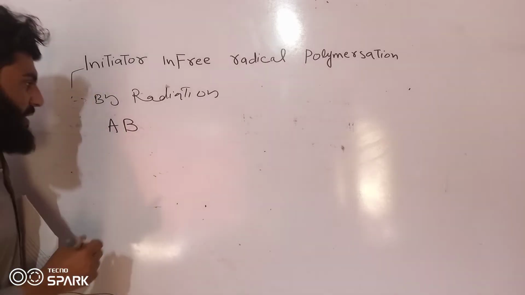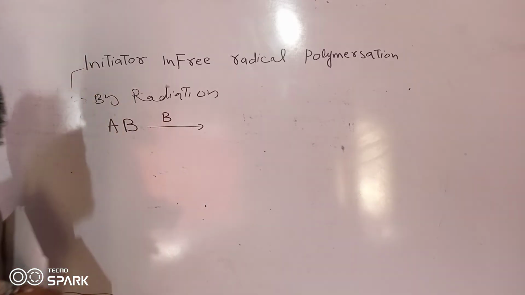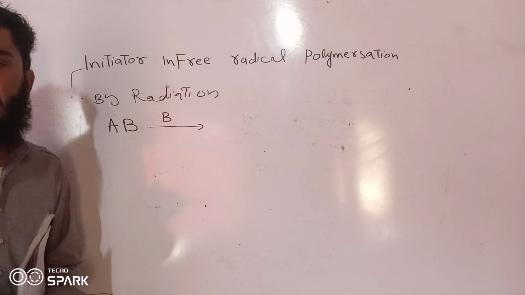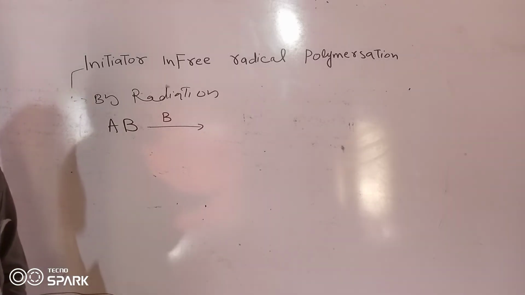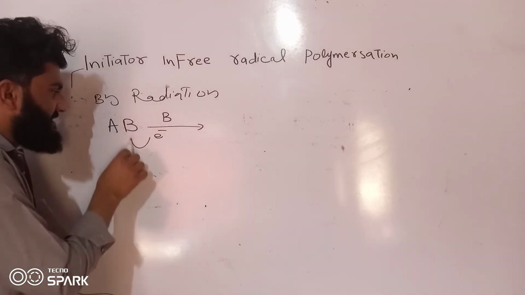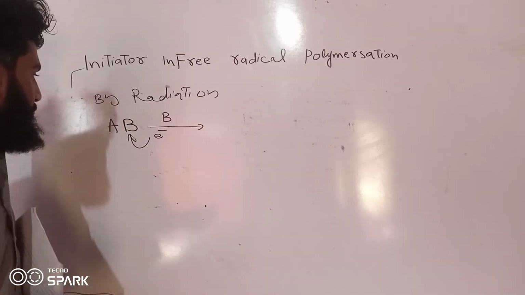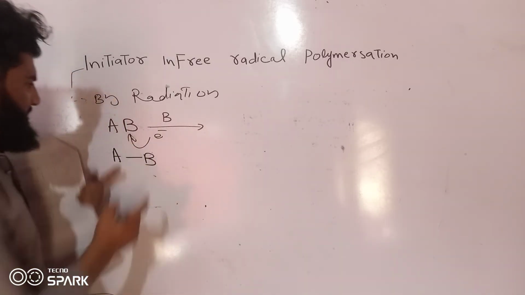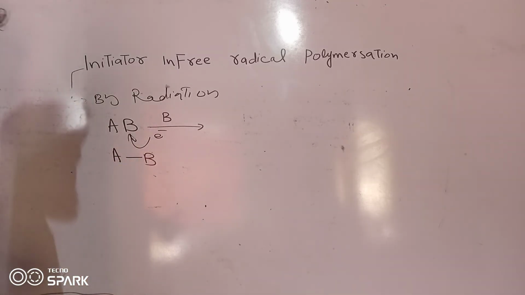When we apply beta radiation, you know that beta radiation is actually an electron.